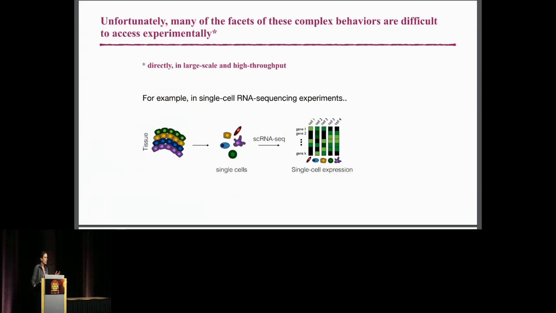So this is difficult, and as probably many of you know, there are gaps between the type of things that we can measure, or that experimental biologists can measure, and the type of questions we're interested in answering. For example, in single-cell RNA sequencing data, to measure, the cells need to be dissociated from their tissue of origin.